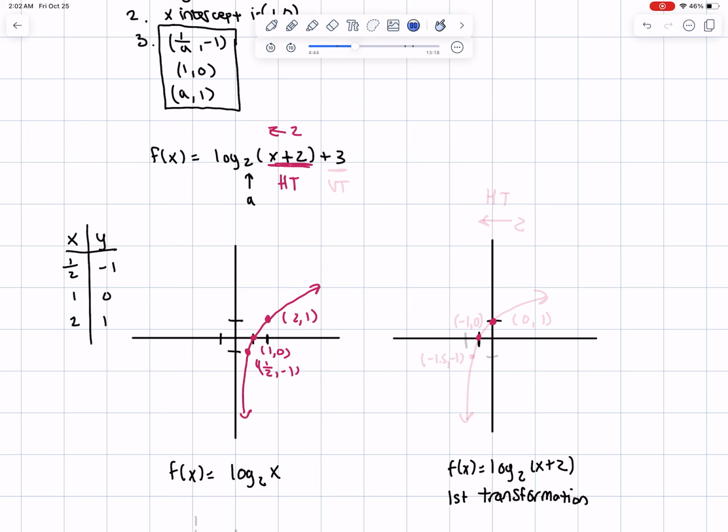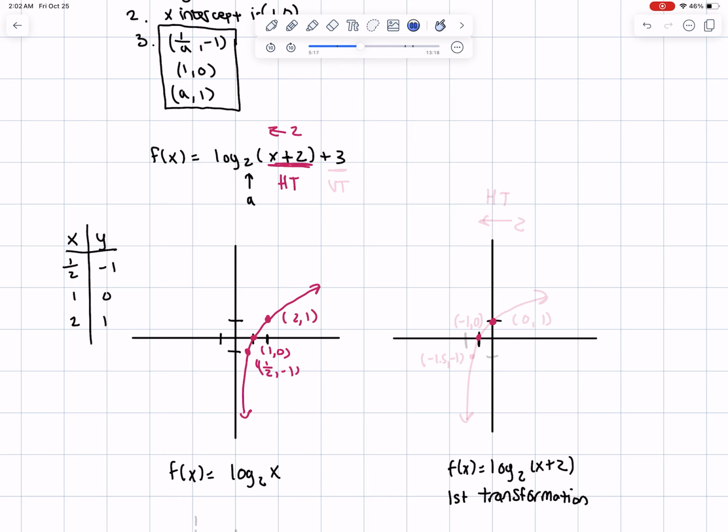Now, the bottommost one is 1/2. So let's see, if I want to move that 2 over, if I subtract 0.5 minus 2, I get negative 1.5.